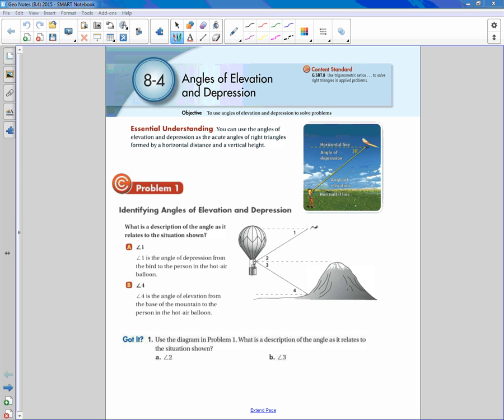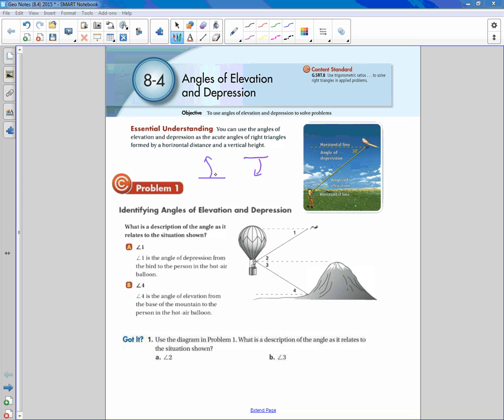Okay, so now we're going to talk about angles of elevation and depression. The first thing we need to realize is that elevation is when you go from one area and you go up, whereas depression is where you start up and you move down.